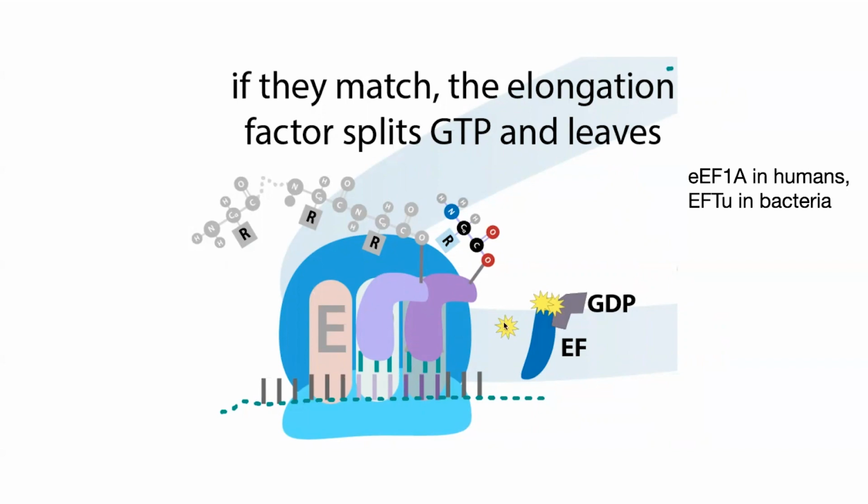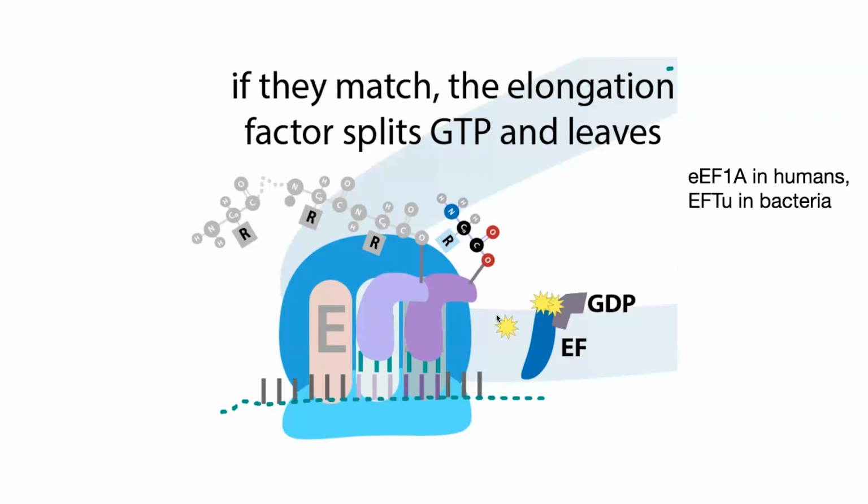And so this elongation factor that helped bring in that tRNA is going to stick around until it makes sure it's the right thing. And then it's going to spend GTP. So it's going to break one of those GTP bonds to form GDP and then fall off. Basically, when it does that breakage, the energy from that is used to lead to a conformational change, or a shape shift, in this elongation factor.